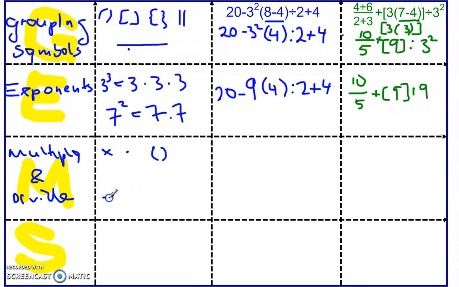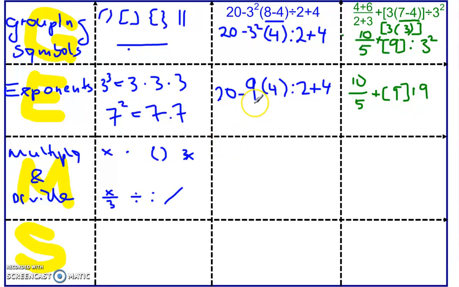For dividing, we have the fraction bar, we have the division symbol with a line and 2 dots, or just a colon. Sometimes we use a slash. So this would be like x over 3. We could also write 3x. There's no symbol in between these two. If there's no symbol in between a number and a variable, that implies a multiplication.